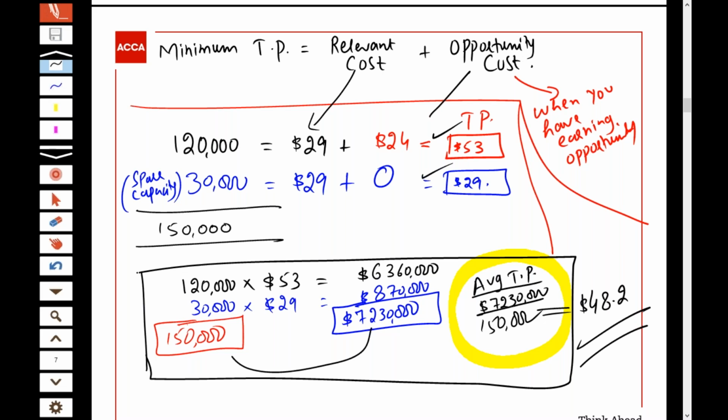Listen students, this is the internal calculation of the seller division, and I will not be showing this calculation to you practically.